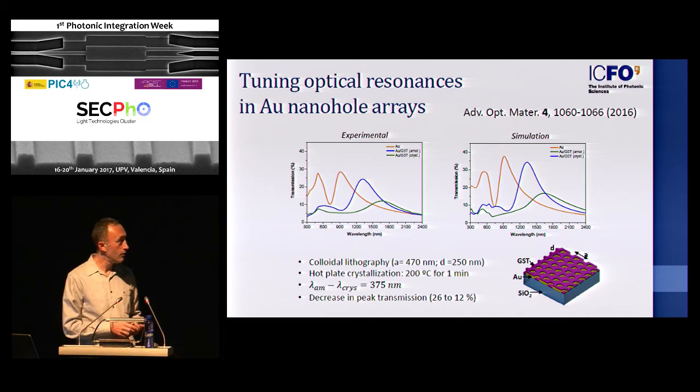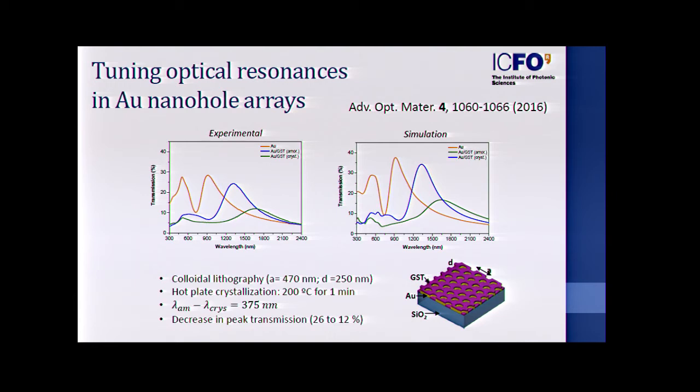Another way of combining with plasmonics is to combine with extraordinary transmission. Essentially, extraordinary transmission is an array of holes in a metallic film, right? And again, when you have those materials on top, you can switch the wavelength significantly.